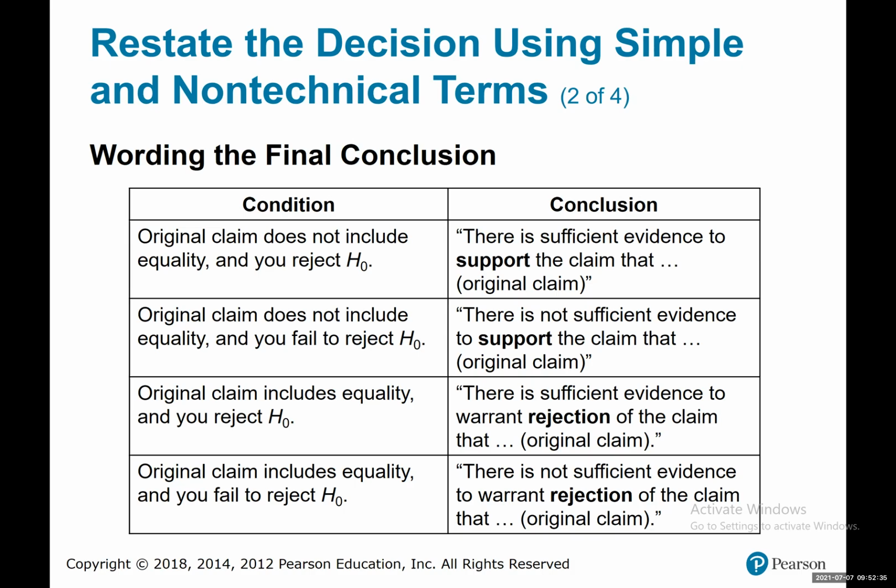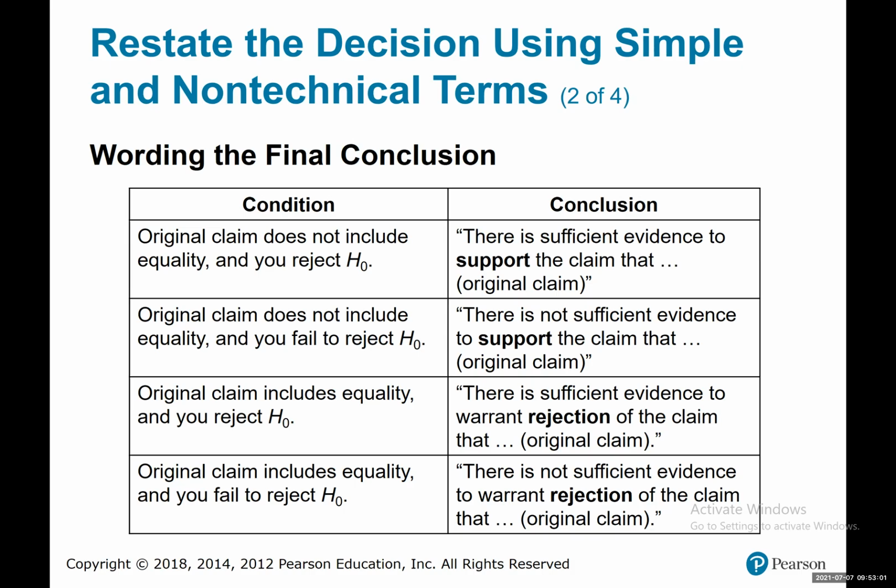Original claim does not include equality, and you reject the null. Original claim does not include equality, and you fail to reject, and so forth. So there are 4 cases. These are helping you to write the conclusion. So I give you 2 minutes.